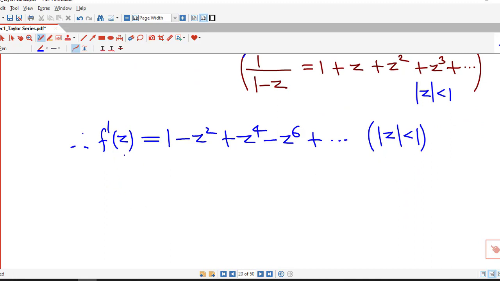So we obtain the Maclaurin series of the derivative of f(z), but we are interested in the Maclaurin series of f(z). So we integrate both sides with respect to z.